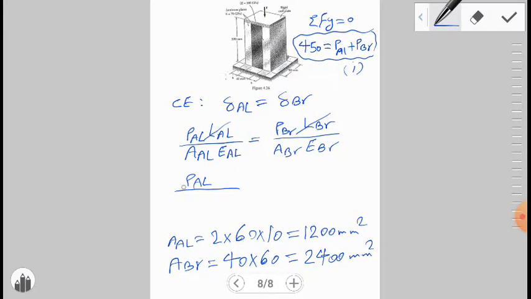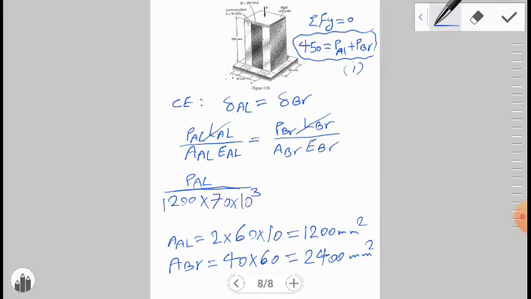That's why we have A aluminium. How much is it? 1200 times E aluminium. Based on the question data, E aluminium is 70. We need to convert from gigapascal to megapascal.